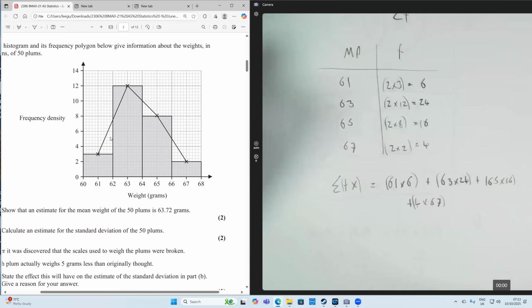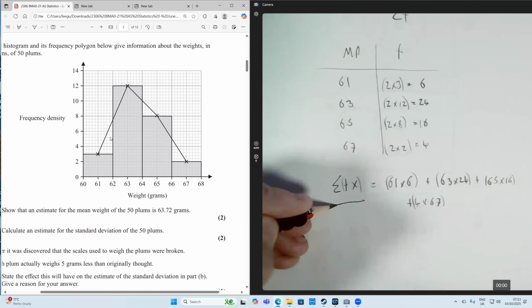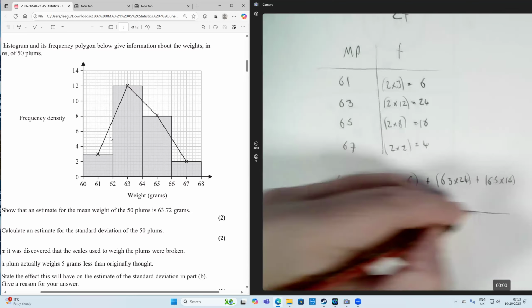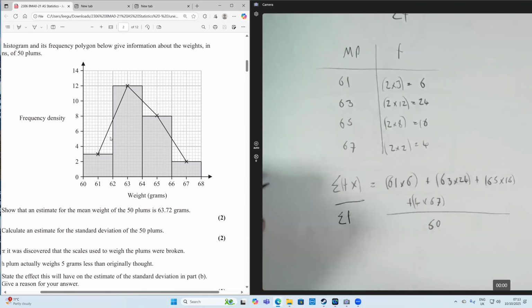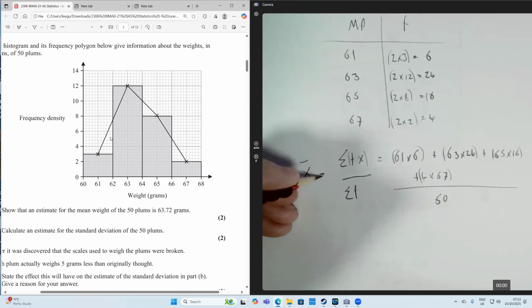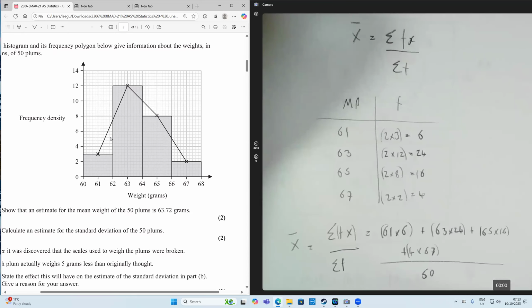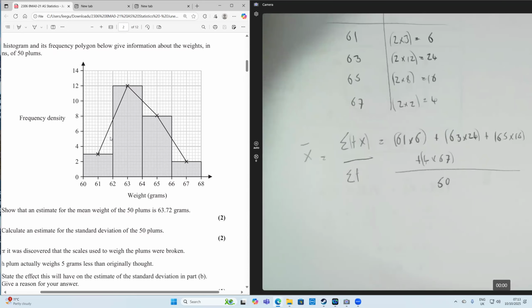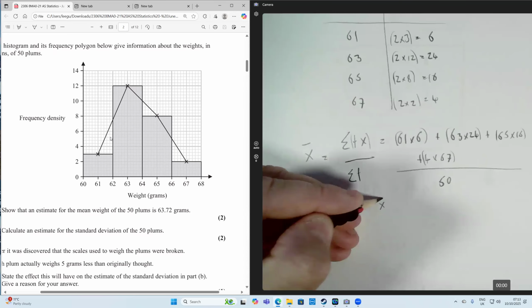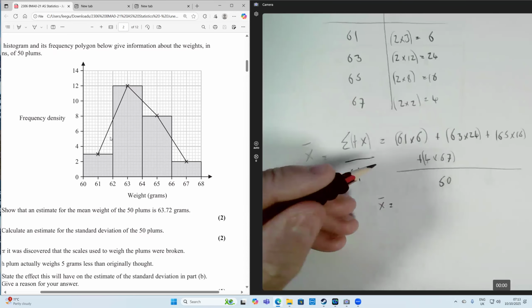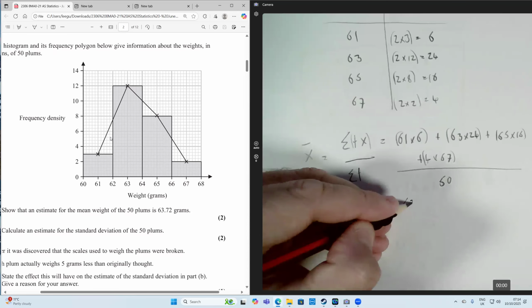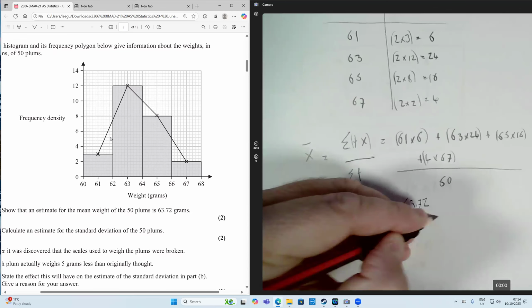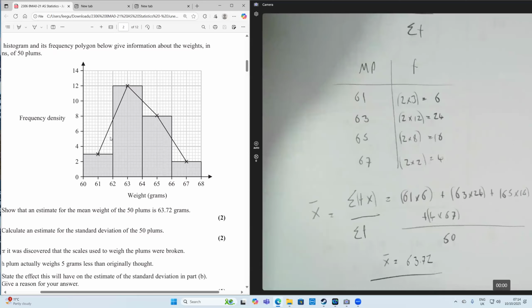That's our sigma fx, and all of that has got to be divided by sigma f, which is 50 plums, and that is going to give us our mean, sigma fx over sigma f. And when we put that into our calculator, it does indeed turn out to be 63.72. So that's part A done.